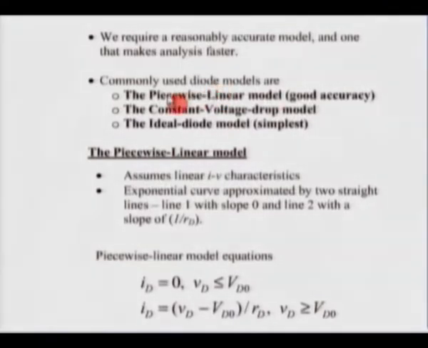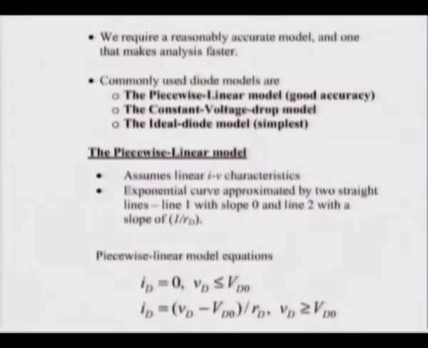The commonly used diode model is the piecewise linear model, which has fairly good accuracy, and that is the model used most commonly. In the experiment we will be doing this afternoon, you would be using this. The handouts given to you give a very detailed analysis of the circuit.